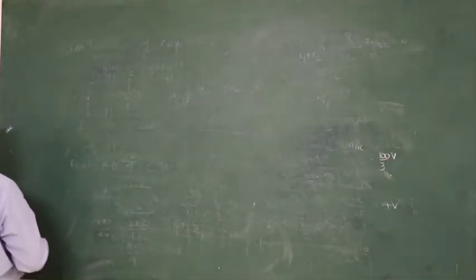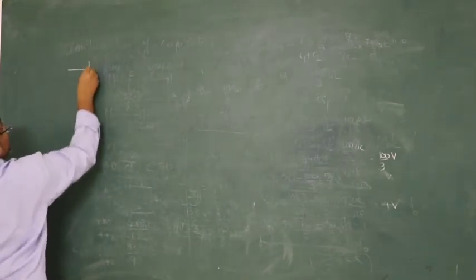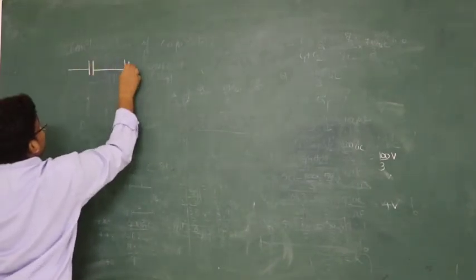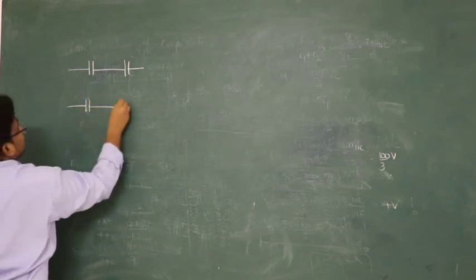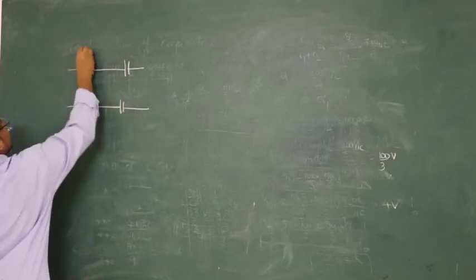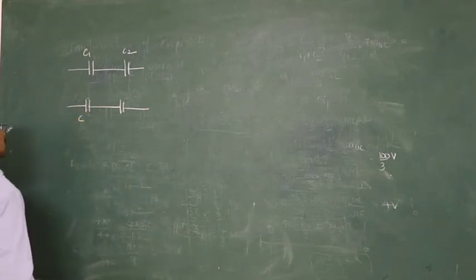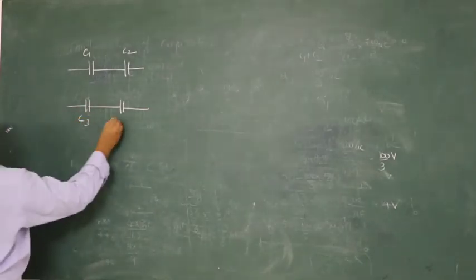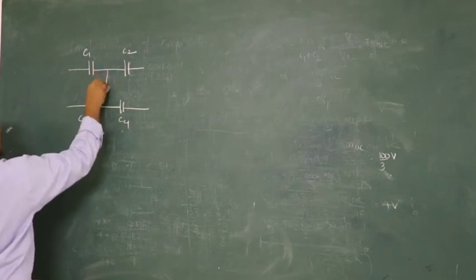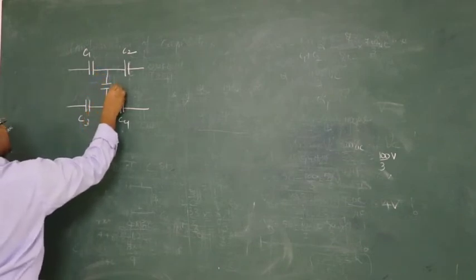See, I will give you 4 capacitors: this is C1, C2, this is C3, C4, and here I kept one more, C5.